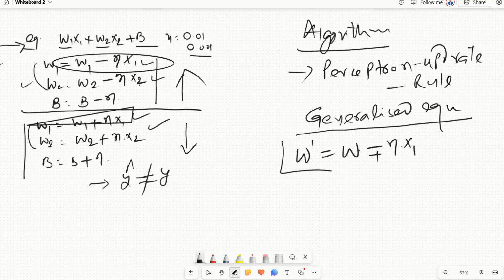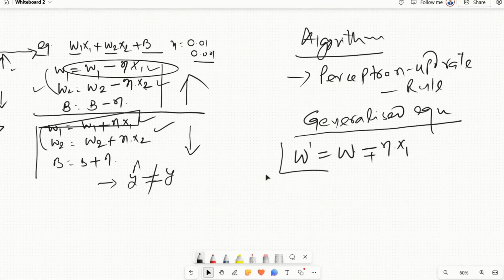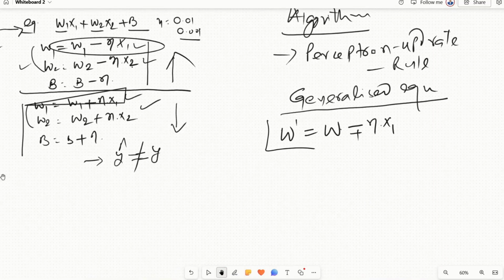Here I want to introduce something just to get the sign right. The case number one is when the negative case happens.